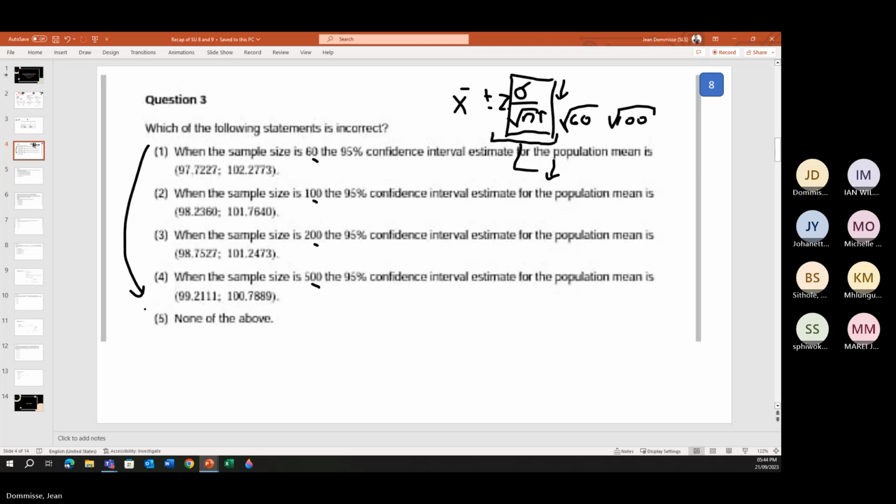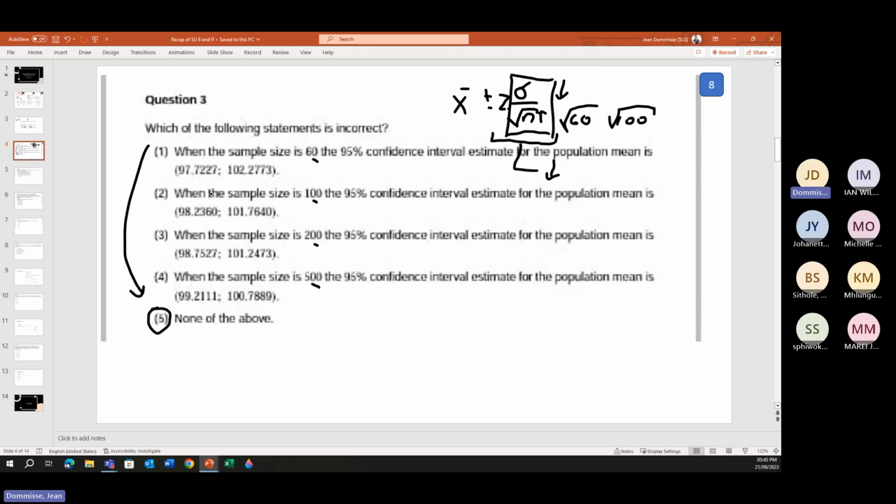So this is probably the first and last time that I would pick none of the above. Because what this shows me is that the one with the smallest sample has the biggest gap, and the one with the largest sample has the smallest gap.